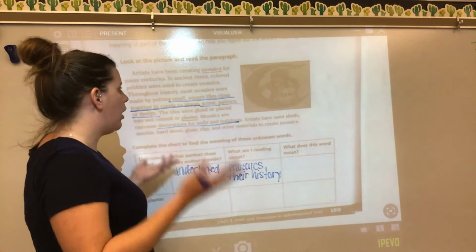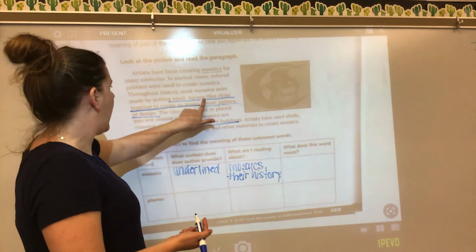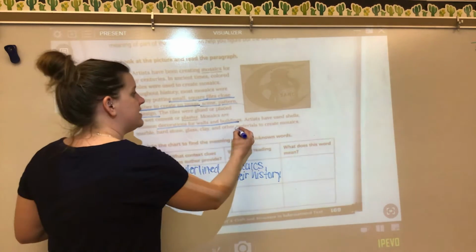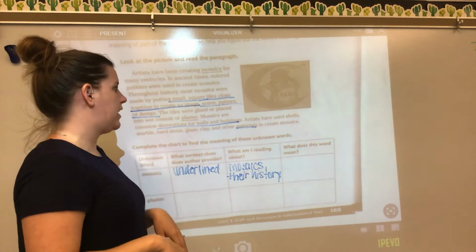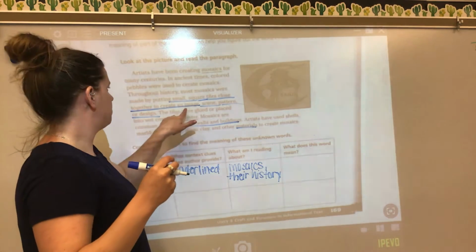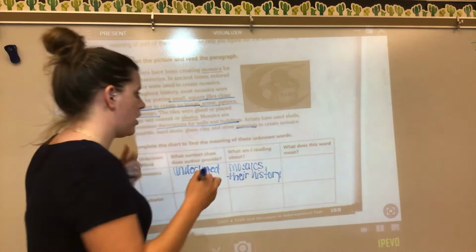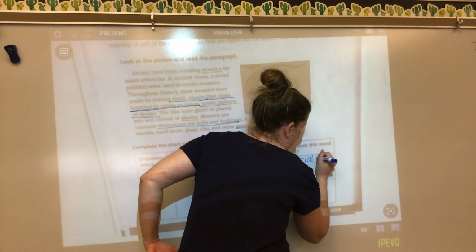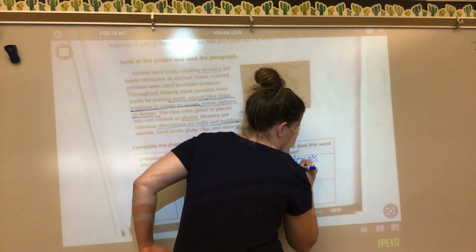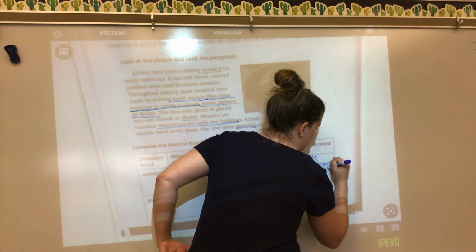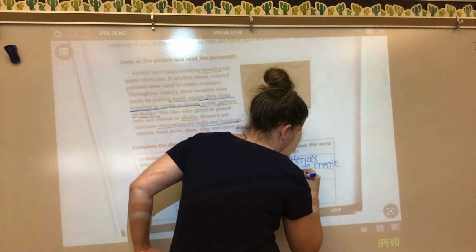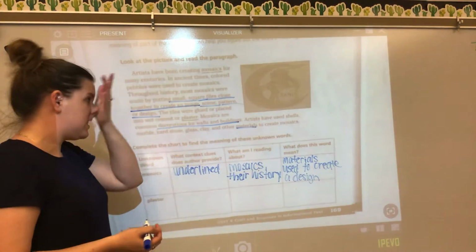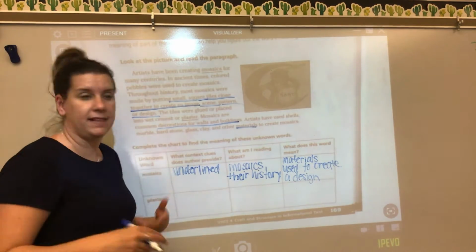Well, it means small tiles or small materials, because it didn't just talk about tiles, used to create an image, scene, pattern, or design. We're just going to say a design. But we know from reading it that it's an image, a pattern, or a design, something like that.